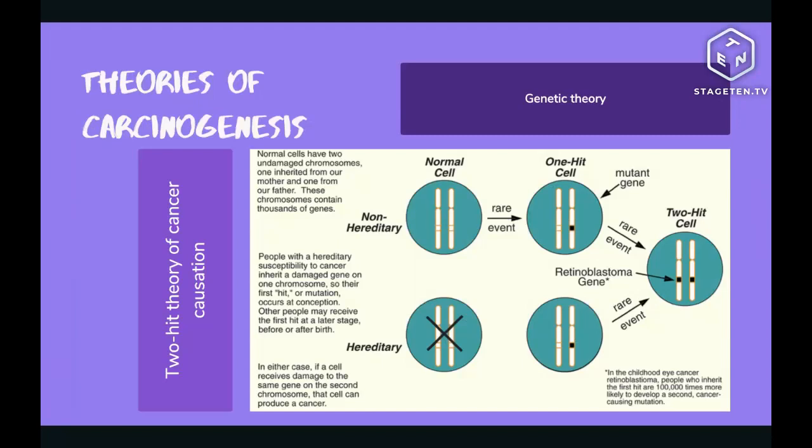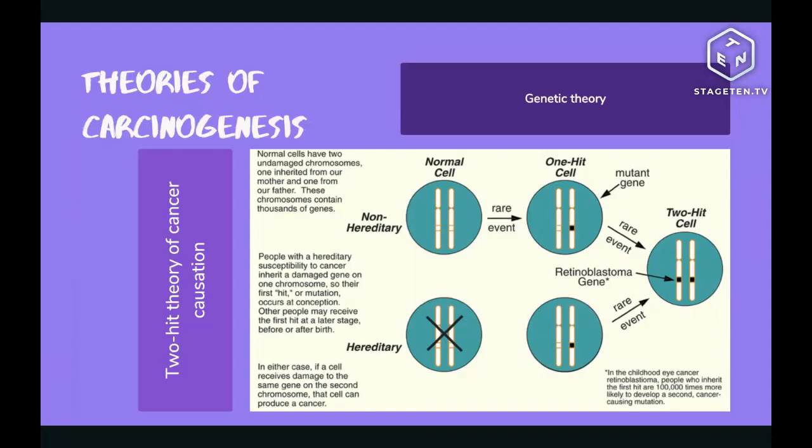And here comes Knudson's two-hit theory of cancer causation. This is the one that is also used to explain BRCA-associated cancers. Normal cells have two undamaged chromosomes, one inherited from our mother and one from our father. These chromosomes contain thousands of genes.